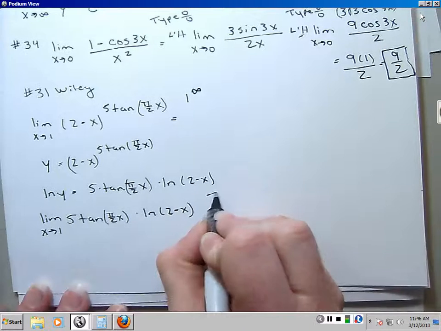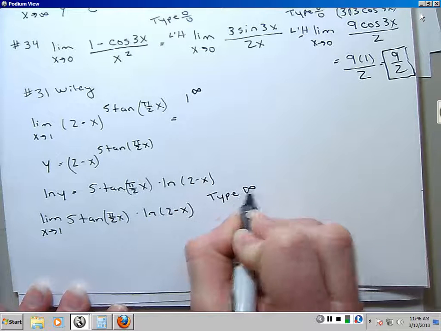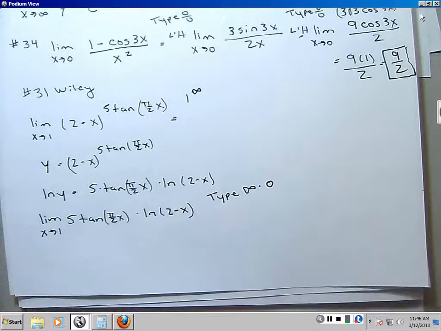So I have type infinity times 0. So I need to manipulate it. Let's see what I want to do. I probably want to rewrite it as cotangent, because I know the derivative of cotangent.